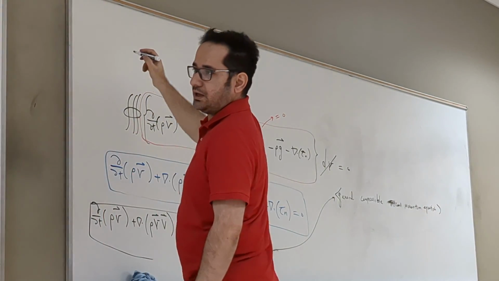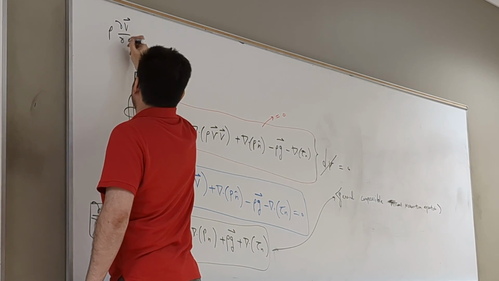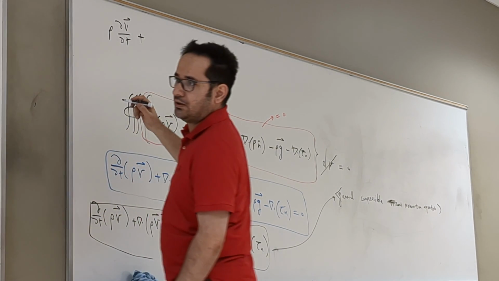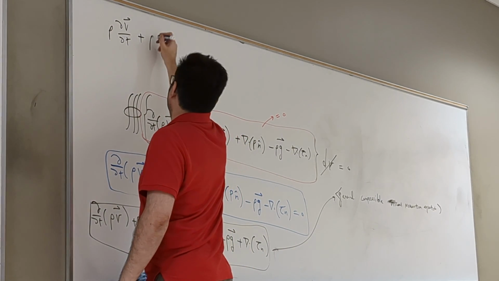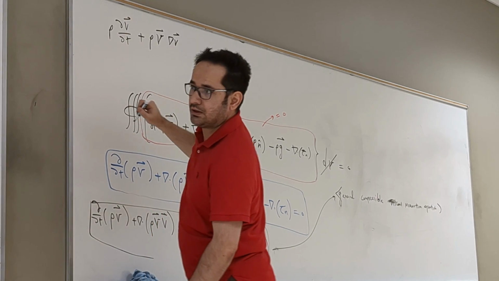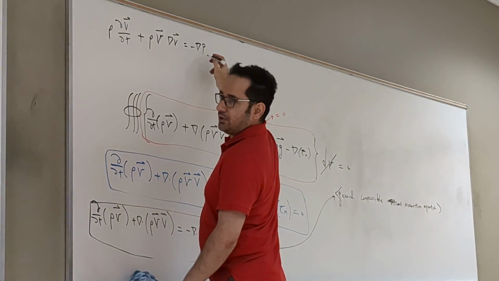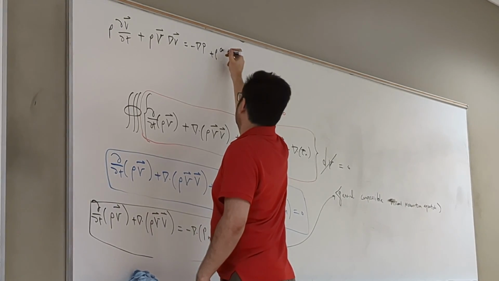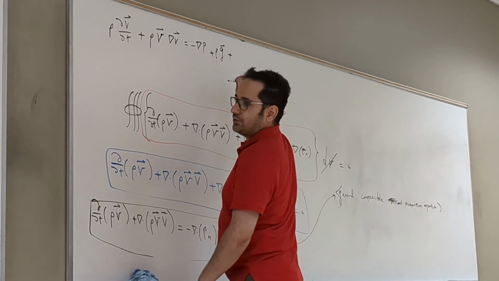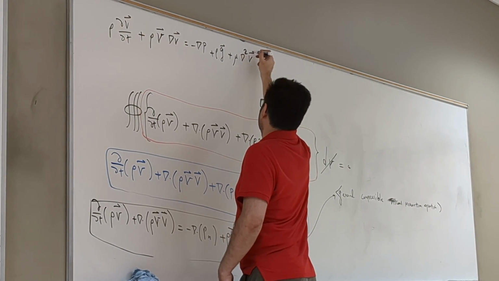So you're going to get ρ times dv/dt plus ρv gradient v, equal to negative gradient pressure, plus ρg plus mu del squared v.